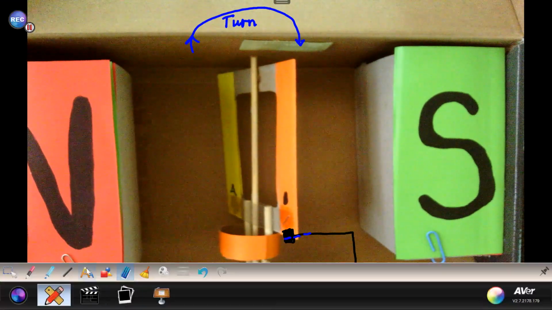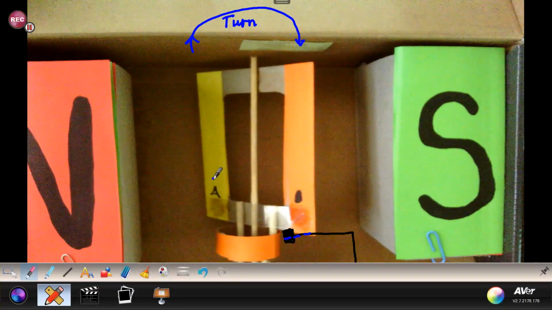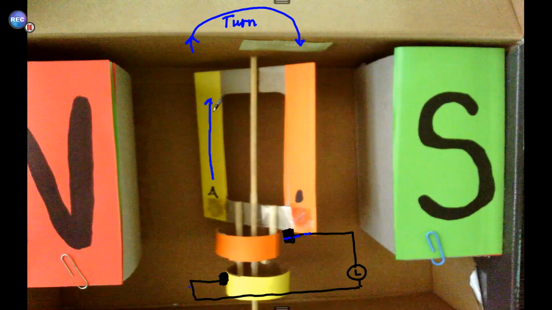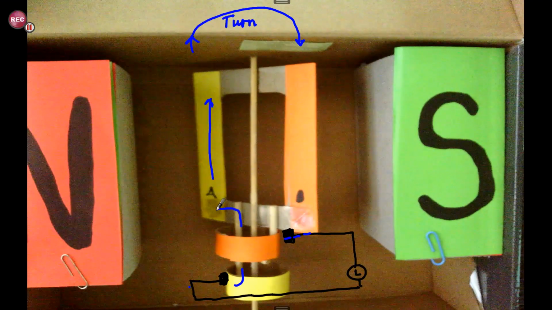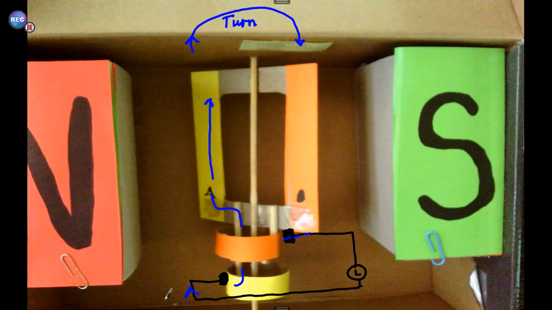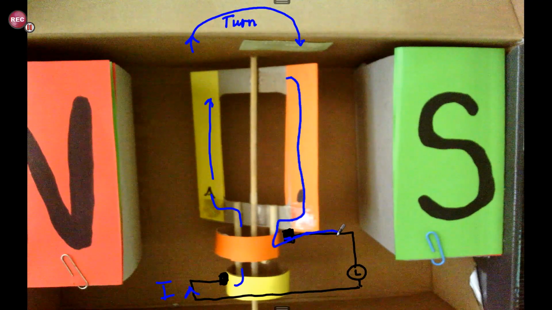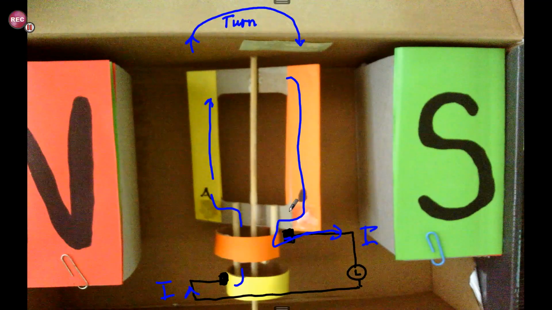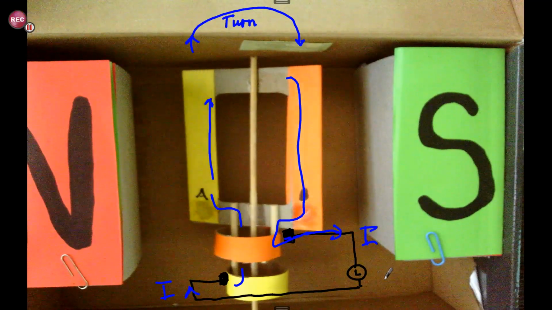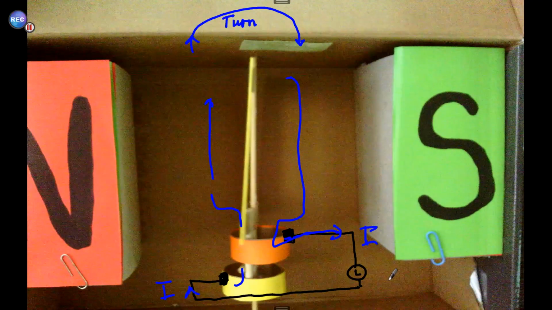What is the direction of the current in A? It is in this direction. So it is coming in through the slip ring. So now the current is coming like this, and in B's part, the current is coming out. So there, the current is flowing in the clockwise direction in the external circuit. When we get to the vertical position again, there is no current.